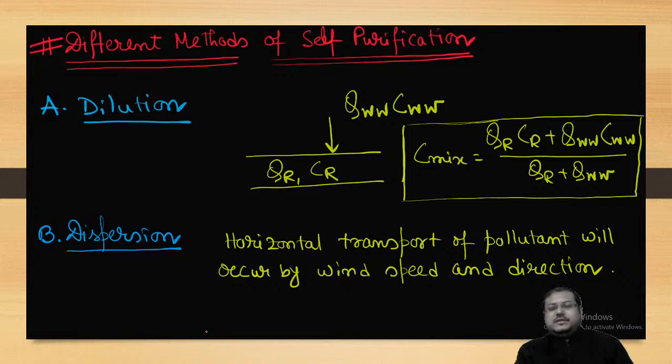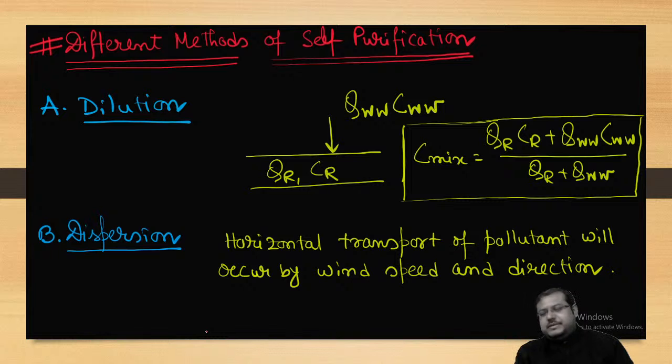What is the dilution process? Suppose wastewater has flow rate Q and the concentration of something is C, and it is mixed with the river water flow rate along with the concentration R. So again we are going for the mixing formula, where C mix is equal to QR CR plus QW CW by QR plus QW.